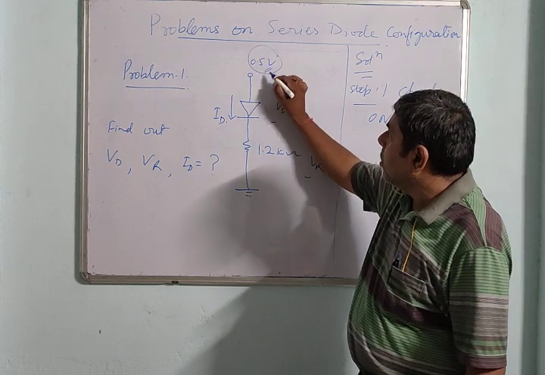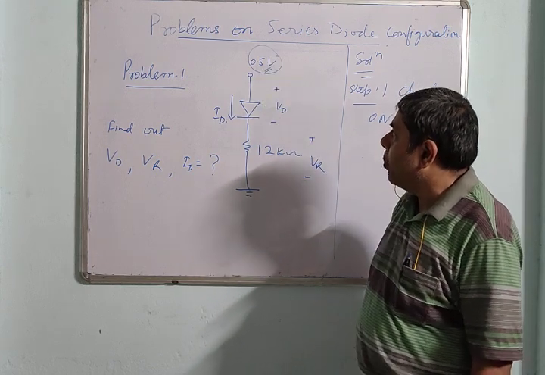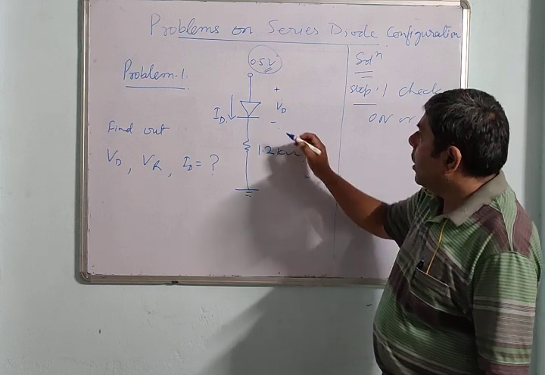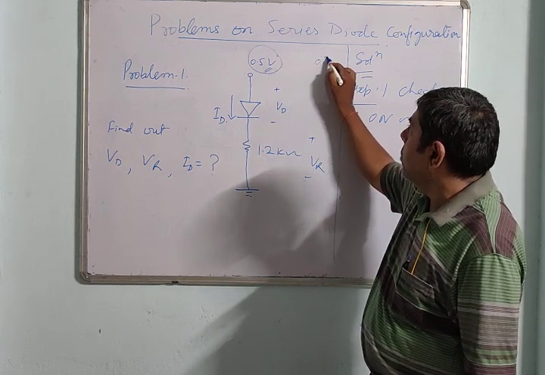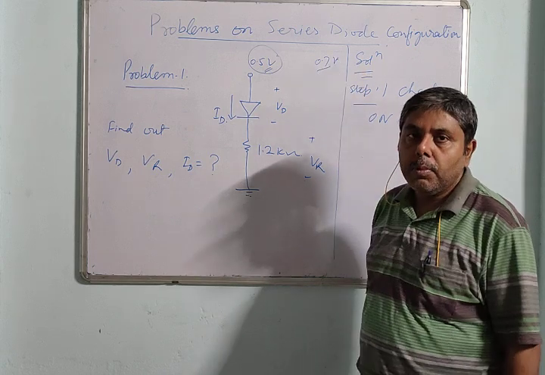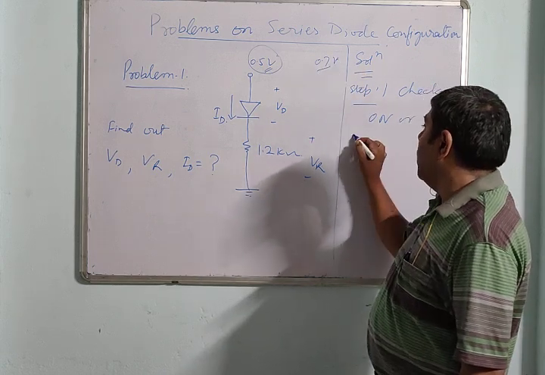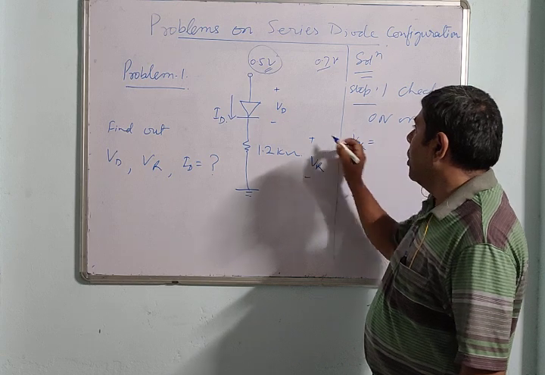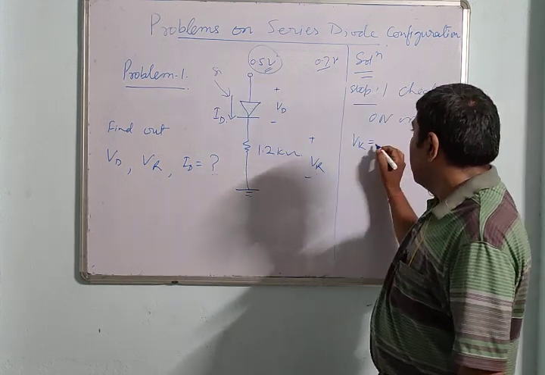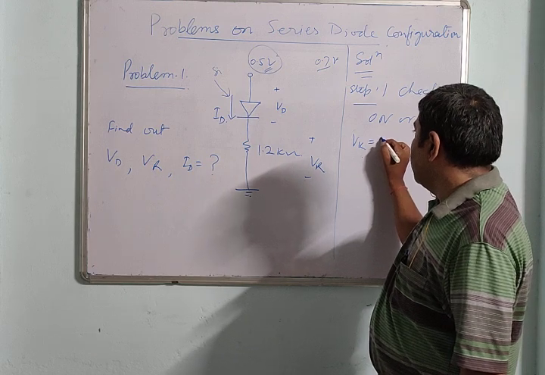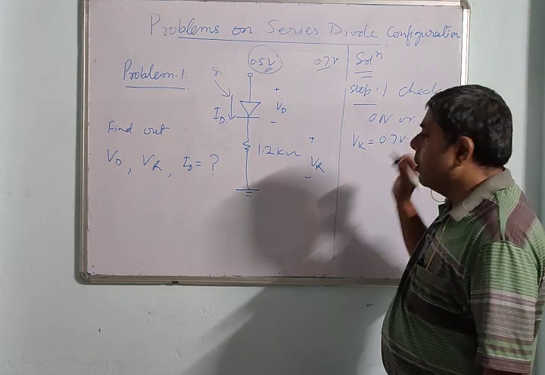The drop at this positive terminal is 0.5 volt. To conduct, this drop must be greater than 0.7 volt, because VK, suppose this is a silicon diode, then the on voltage is 0.7 volt.